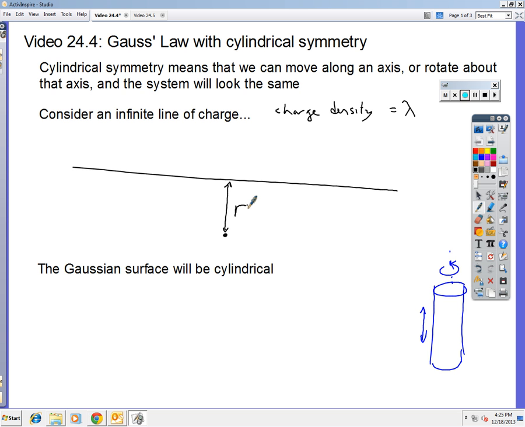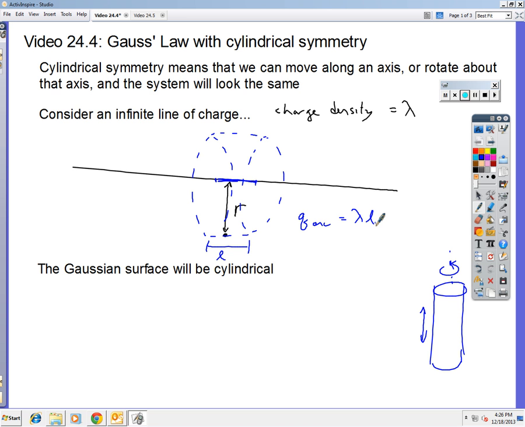Because of the symmetry of this, we're going to pick a Gaussian surface that is a cylinder centered on the line of charge and having radius r. We'll also say that the cylinder has length lowercase l, and the amount of charge enclosed is equal to the charge density times L.